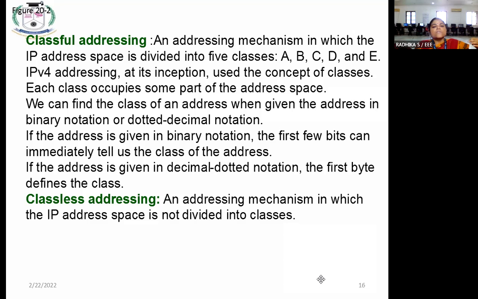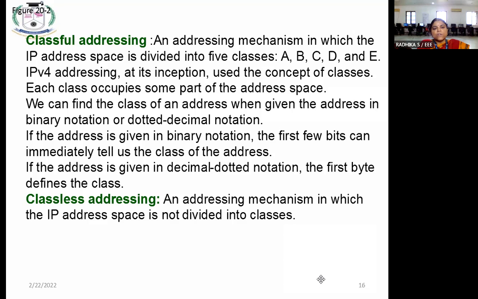This entire set of addresses is the address space, and it is not one single long address space but is divided into 5 different classes. Since the address space is divided based on classes, we call it classful addressing.